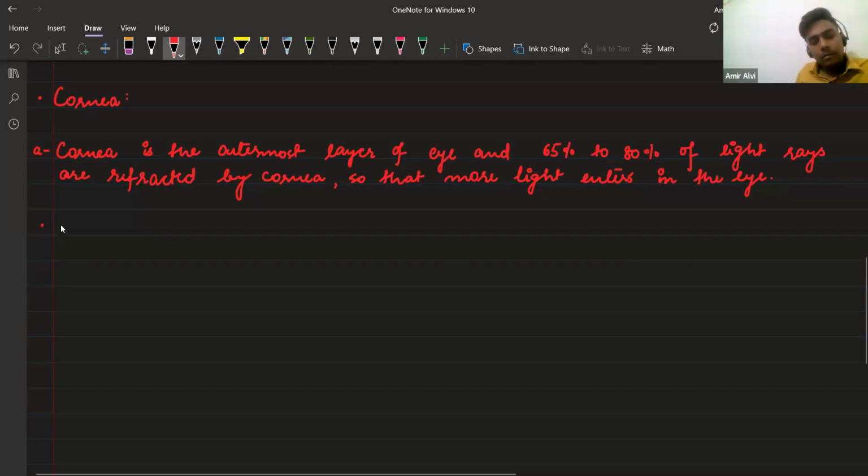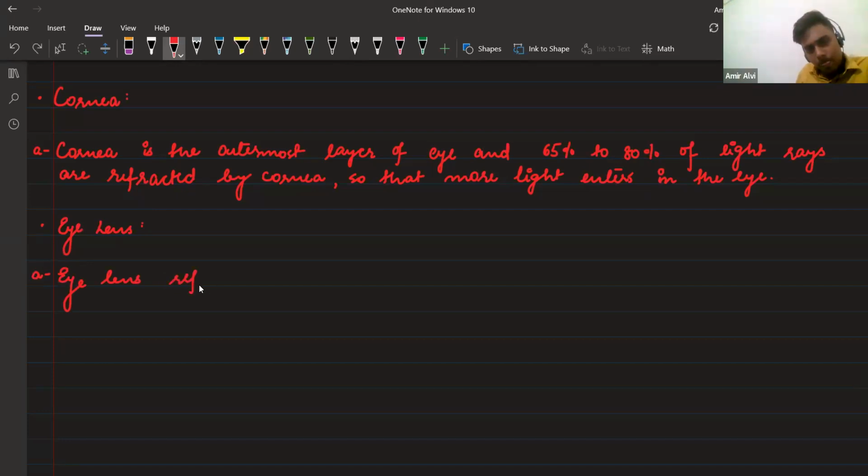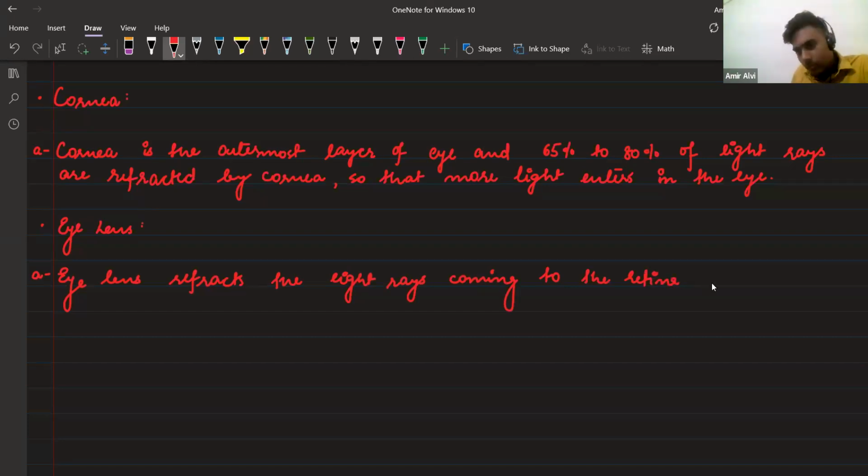Next is the eye lens. The eye lens basically refracts the light rays coming to the retina to form the image.